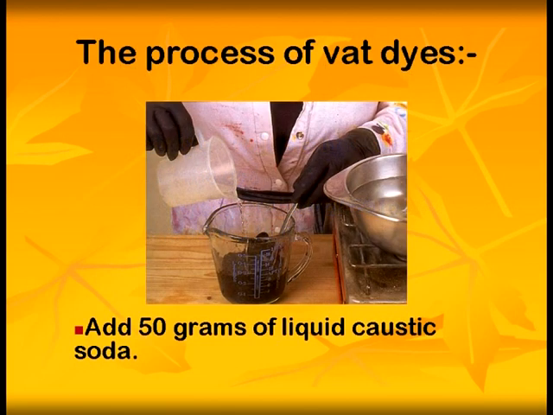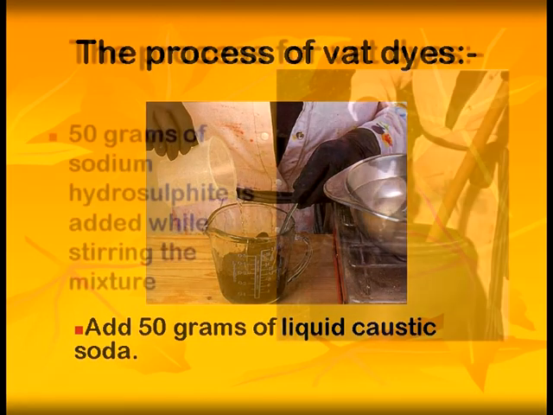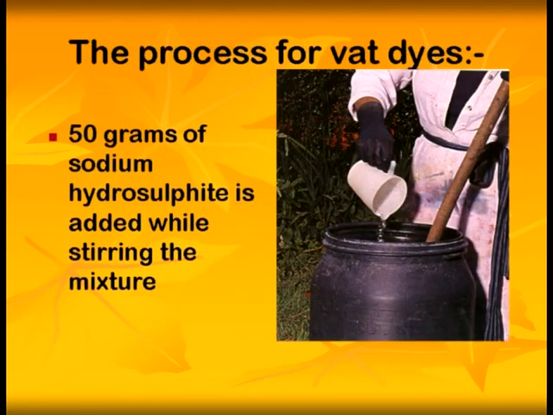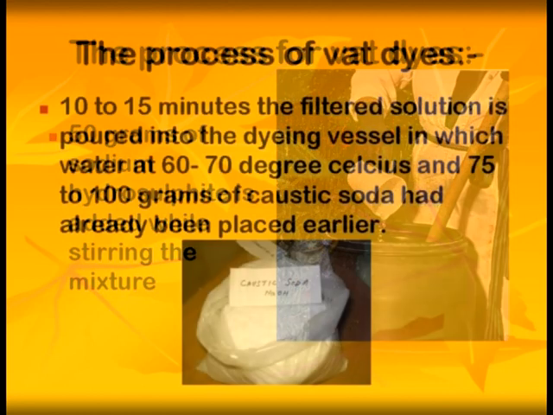To this is added 50 grams of liquid caustic soda. Finally, 50 grams of sodium hydrosulfite is very slowly added to the mixture, taking care to stir it with a wooden stick. The dye dissolves in the solution with a change in color.